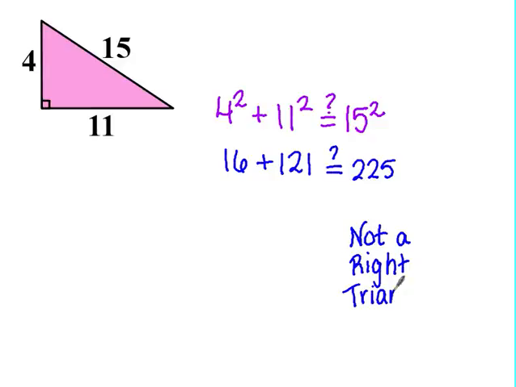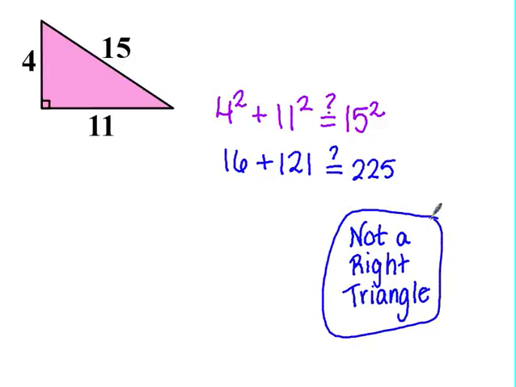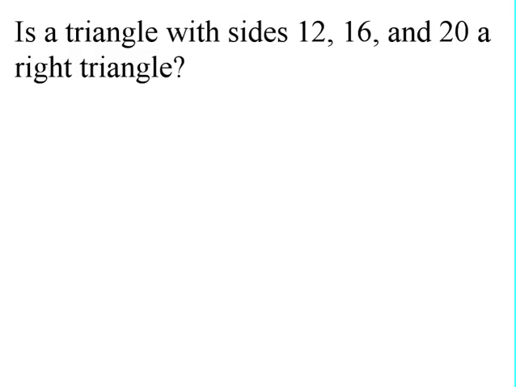Okay, so we've got another example we're going to look at, and then that will be it. By the way, are there any questions before I move on to that next example? Okay, the next example is a triangle with sides 12, 16, and 20, a right triangle. So this is one that you don't have a visual for. So we've got to remember that the hypotenuse is always the what side? Largest side.